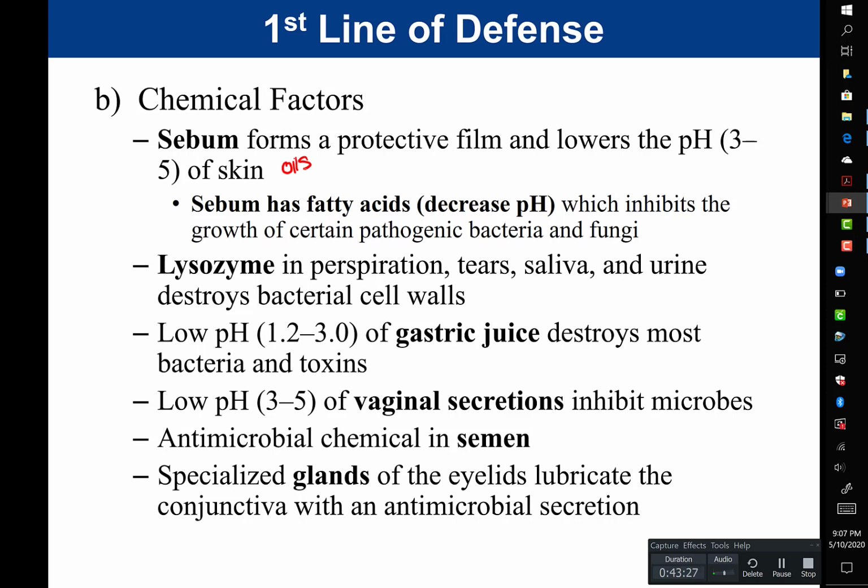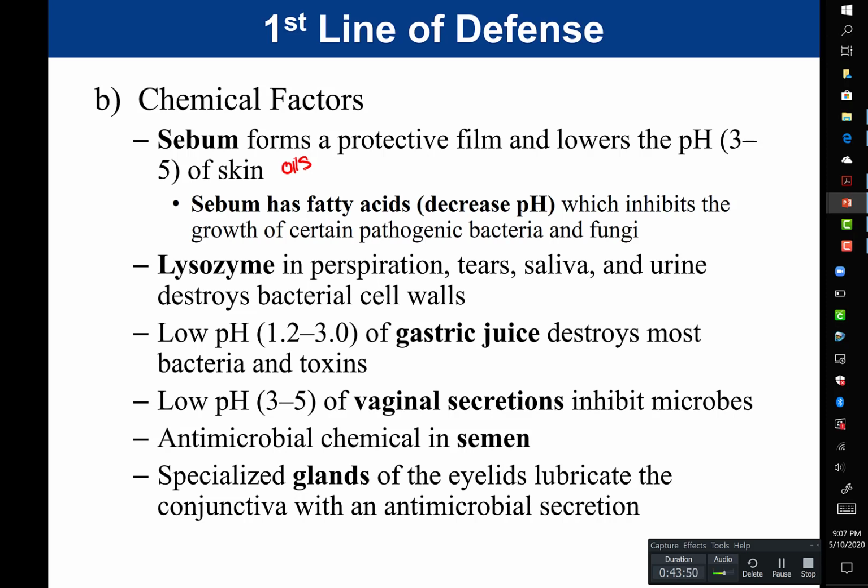And so that is going to help because the sebum has these fatty acids. Think of acids, acidic. They decrease the pH, which inhibits the growth of certain pathogenic bacteria and fungi. Because remember that most bacteria are neutrophils. They prefer a neutral pH.